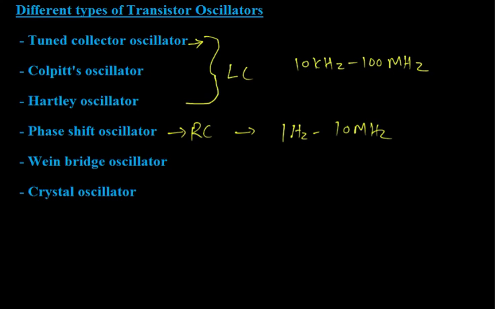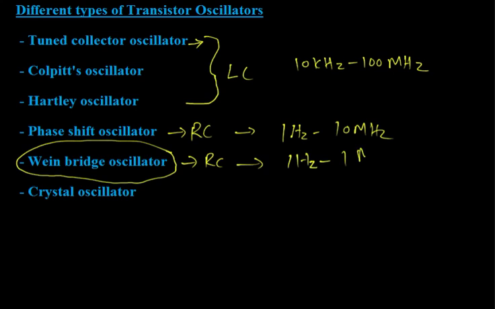The Wien-Bridge oscillator is not discussed in our syllabus. Anyway, it is also an RC oscillator, containing an RC network which will produce frequencies ranging from 1 hertz to 1 megahertz.